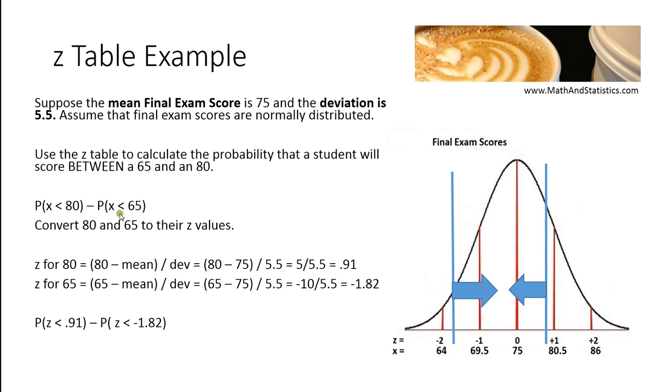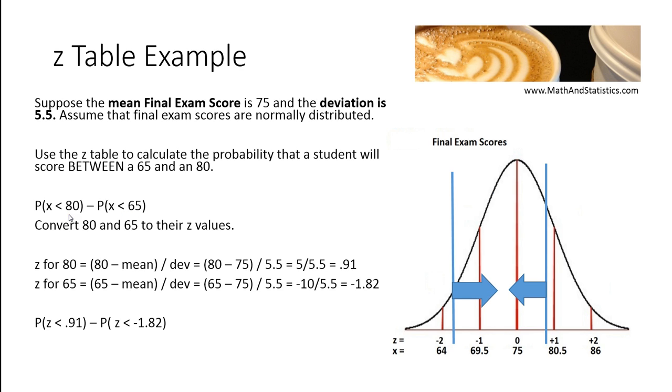If we write this in the form of probability, we're looking for the probability that our value is less than 80, that's all of this, minus the probability that it's less than 65, which is this remainder. We want it between 65, and we don't want any of the part here that's less than 65. So this is what we're looking for.